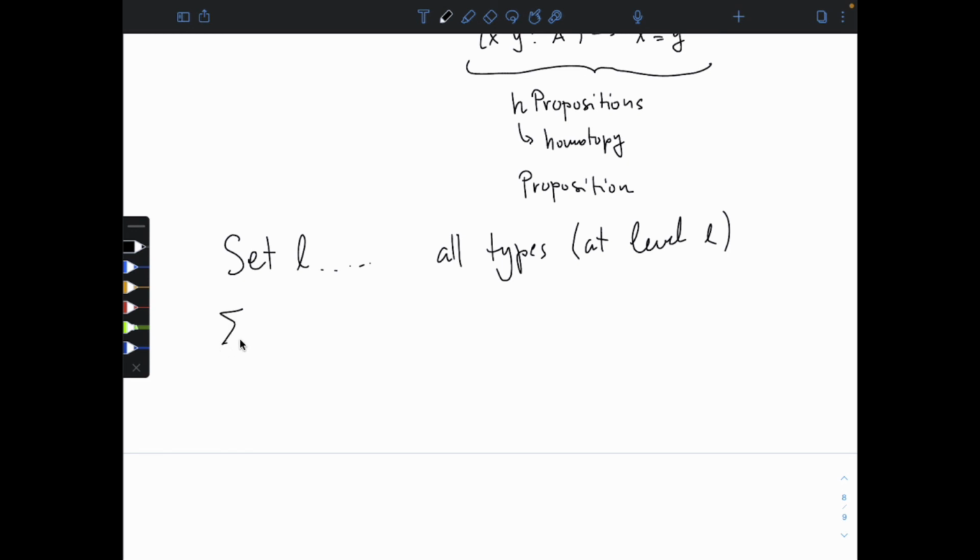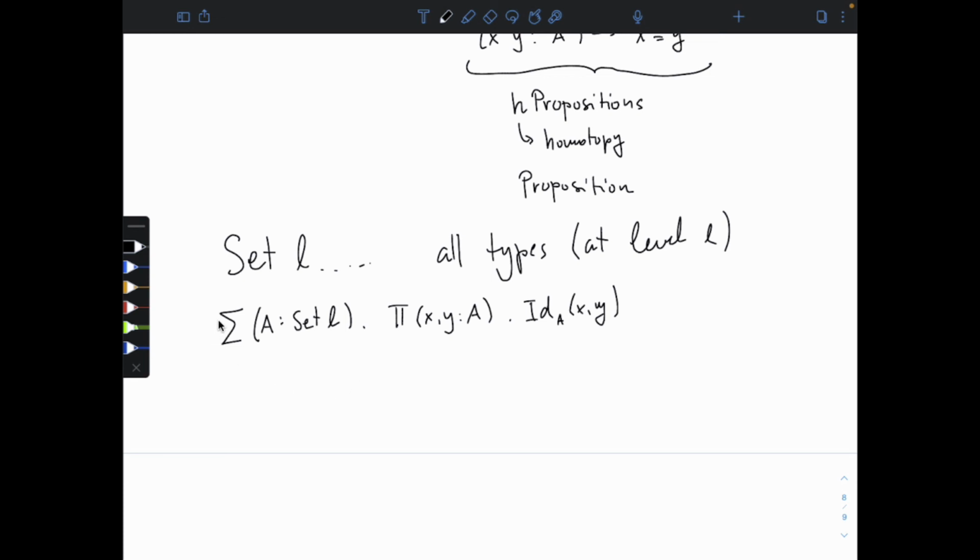You would say a type at level L such that for all x, y in A, x equals y. Or in Agda notation, well, sigma A, and then here it would be pi, well, the thing we already wrote a couple of times.